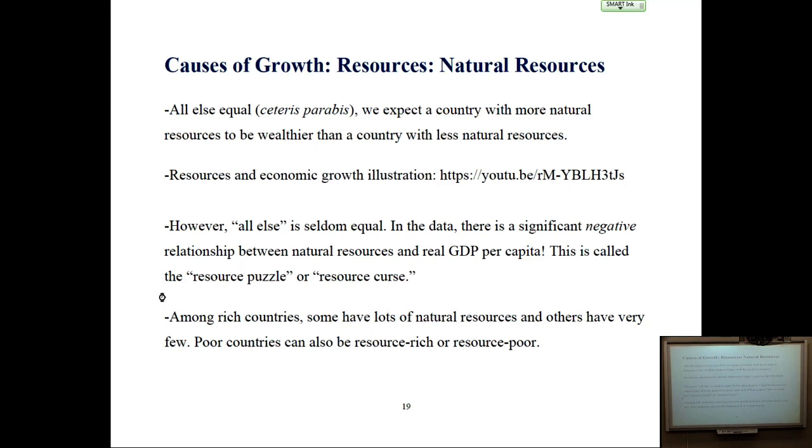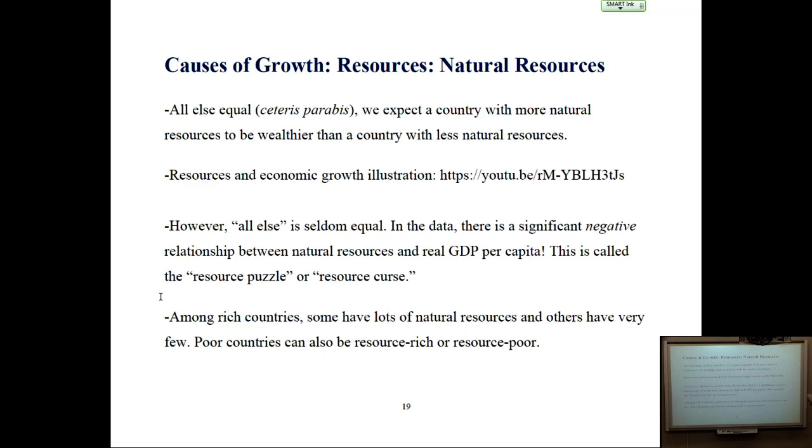So, all else equal, we do expect more resources to mean more real GDP per capita, more growth. The issue we face in the data is that this all else is usually not equal. Somewhat surprisingly, there's actually a pretty strong negative correlation between resources and real GDP per capita.